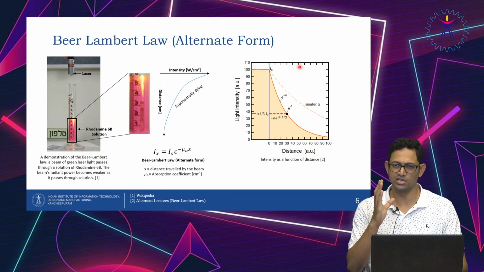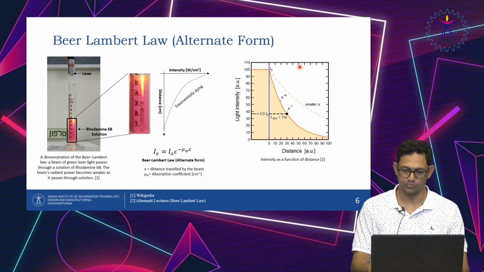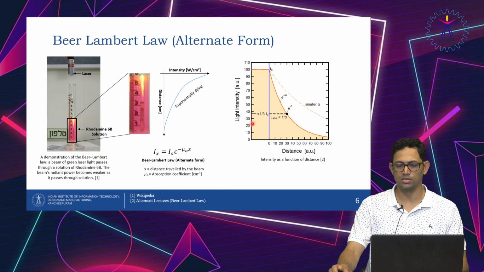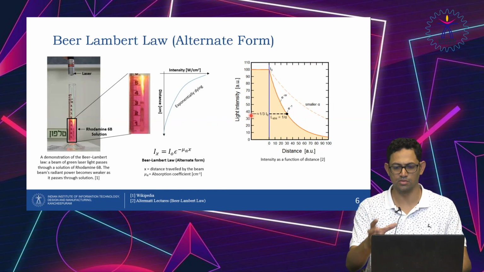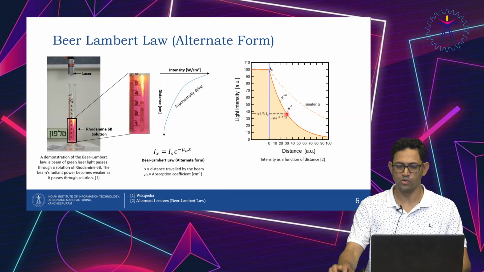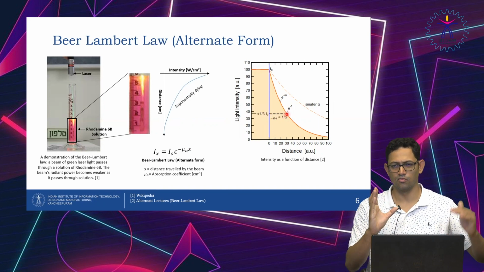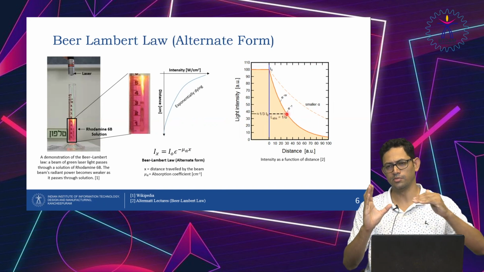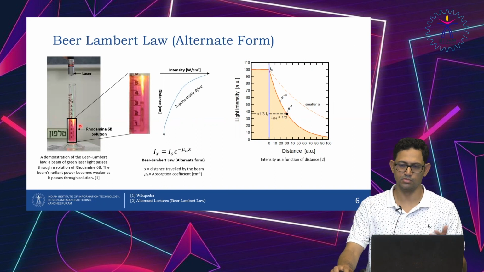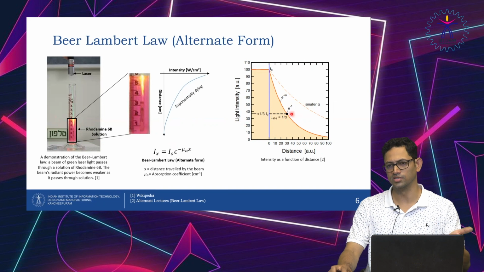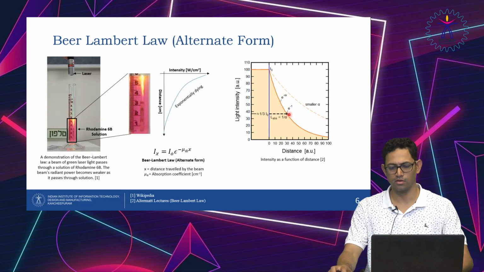So at what distance do you get this value? In this case it would be around 37, 36 point something percent, right? So at what distance from this starting point, as it propagates through this solution, do we get around 36.5 percent of the light source?